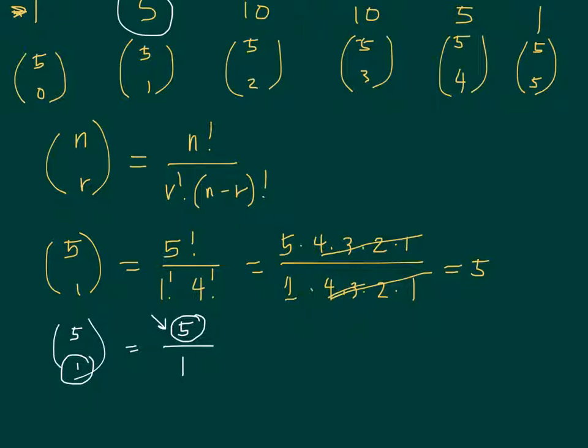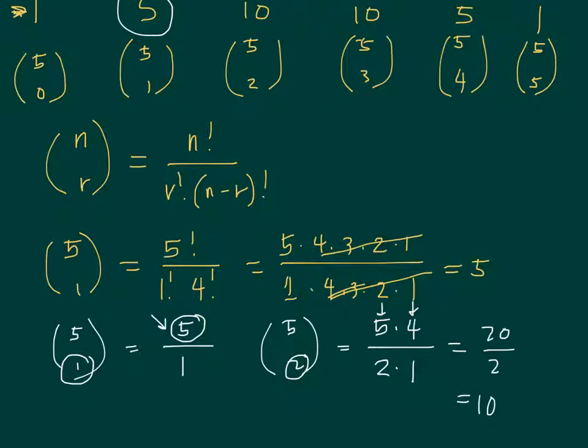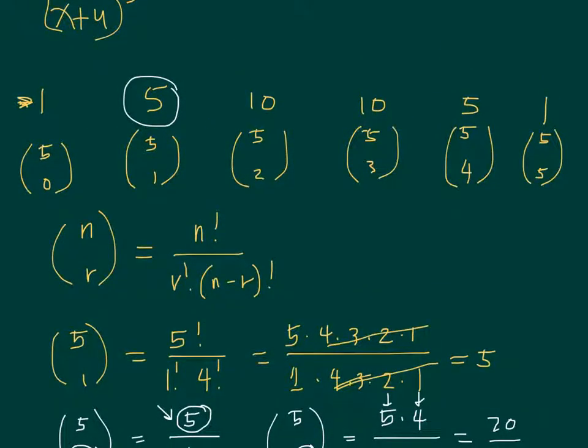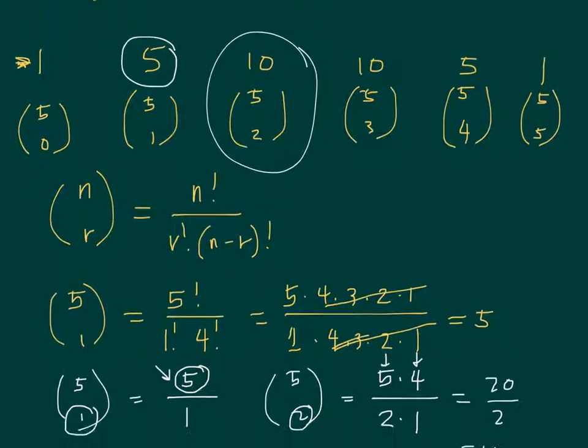Okay, like if I have 5 taken 2, so I have 5 times 4. Okay, so I'll stop there. I have to use only up to 2, and then 2 factorial is 2 times 1. And then when you simplify, this is 20 over 2, and this will give you 10, which is the value from here. Okay, can you see that?